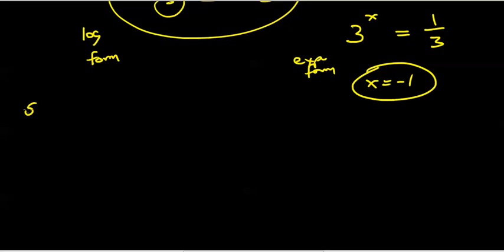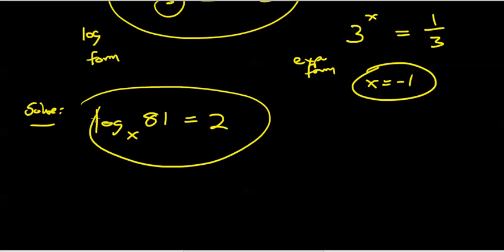Another one. Solve. The log of 81 base x equals 2. Here's another one where the base is a variable. Again, this original equation is in log form. Probably the easiest way to solve it is to convert to exponential form.